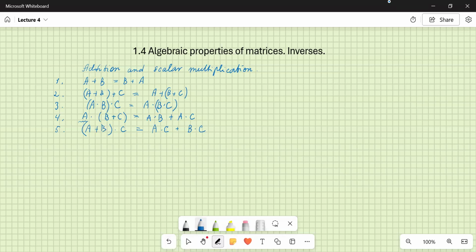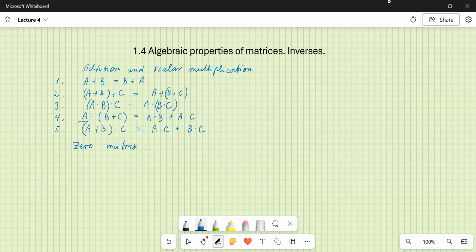Okay, now let's talk a little bit about special matrices. We do know that for normal numbers, we have two special numbers, number 0 and number 1. Do we have similar matrices, which have a similar function as numbers 0 and 1? Yes, we do have the 0 matrix. We're going to label it as 0 matrix, but actually that's going to be a whole class of matrices.